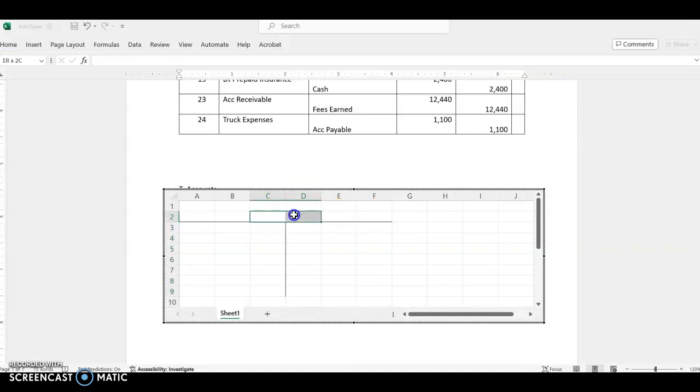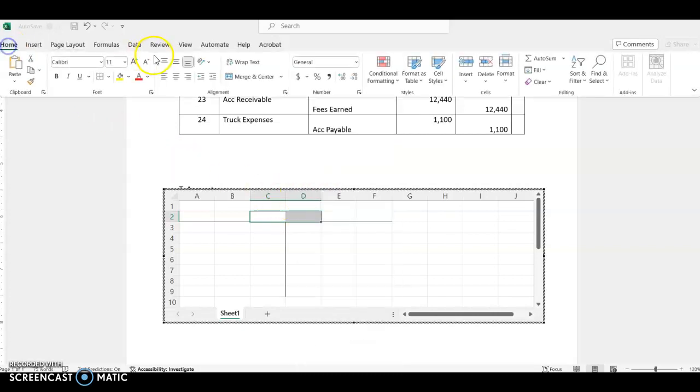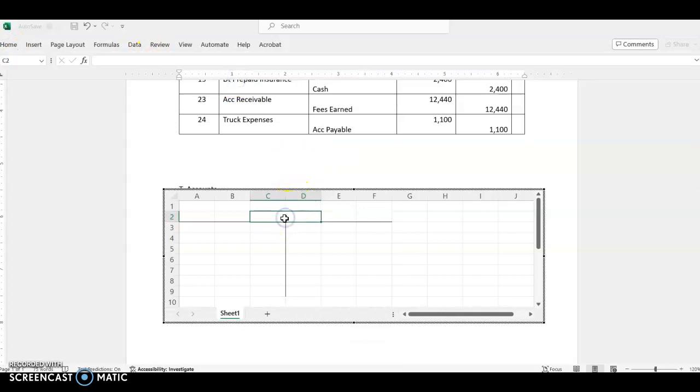So let's name this cash account, or bank account, sorry, bank account.